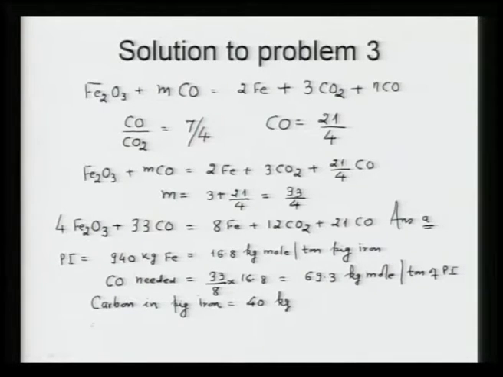So, total carbon used will be equal to 40 kg plus 69.3 kg mole multiplied by 12 kg, which is equal to 871.6 kg, and from here we can find the amount of coke.